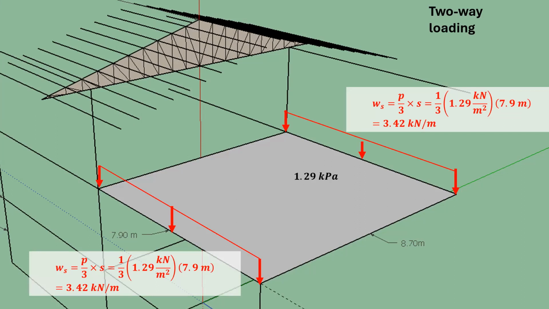So P, yung kung ano man yung pressure, apply dito, uniform pressure over 3 times yung shorter na side. So itong S na to, hindi siya yung span. Ito yung shorter side. So 1 over 3 times 1.29, kuha natin kanina, times 7. Meron kang 3.42. Ito yung line load mo.